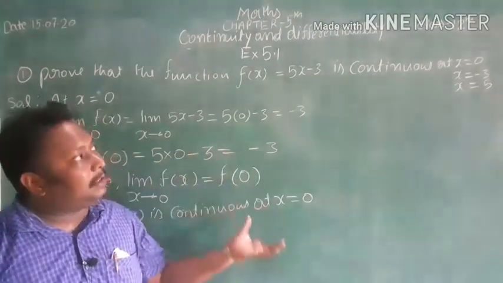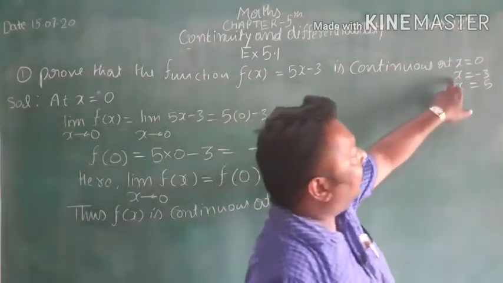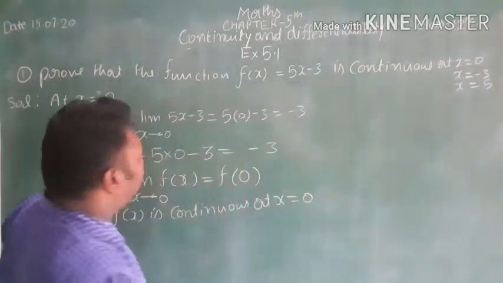I hope you understand the procedure, how we prove. Like that, you put x equal to minus 3 in place of 0.